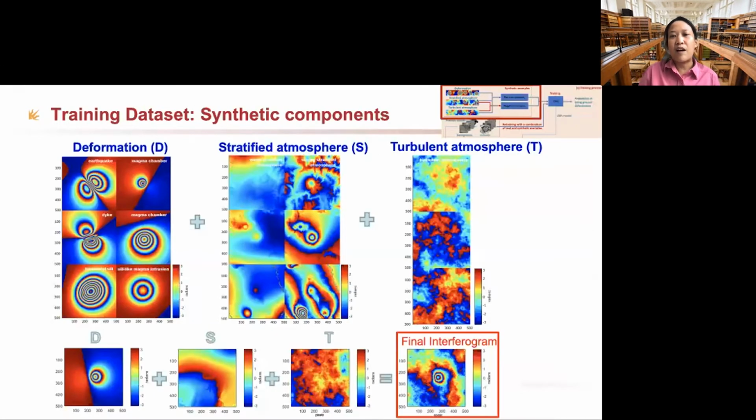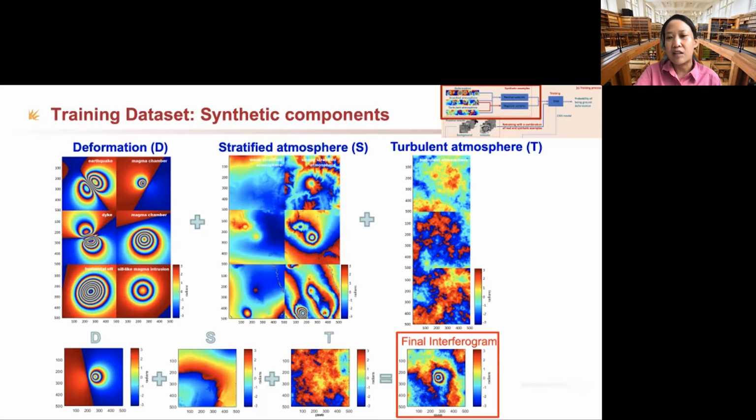Then we improved our data set with synthetic components, using a multilateral approach to select the source parameters and project the 3D surface displacement into the satellite line of sight. We use the deformation models Okada, Mogi, and Yang, and we obtain the stratified atmospheric component from the generic atmospheric correction online server we call GACOS.